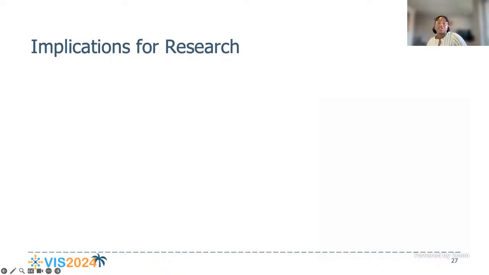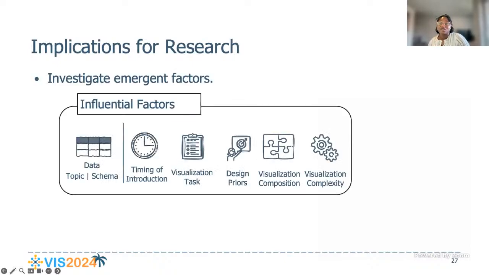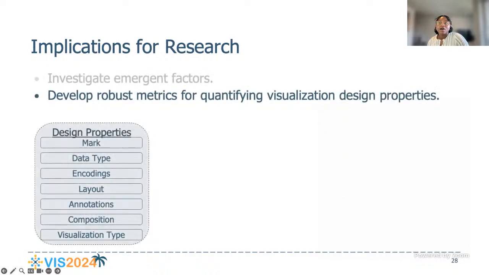So our results also have key implications for research. First, this work presents an exploratory investigation. More work is needed to confirm our findings for each of these factors that we identified. For our study, we also developed metrics to quantify the properties of examples and design sketches. However, when trying to come up with labels for all of these properties, we found that the literature lacks clear guidance on creating such metrics, and there are no comprehensive taxonomies for describing the properties of visualization designs.